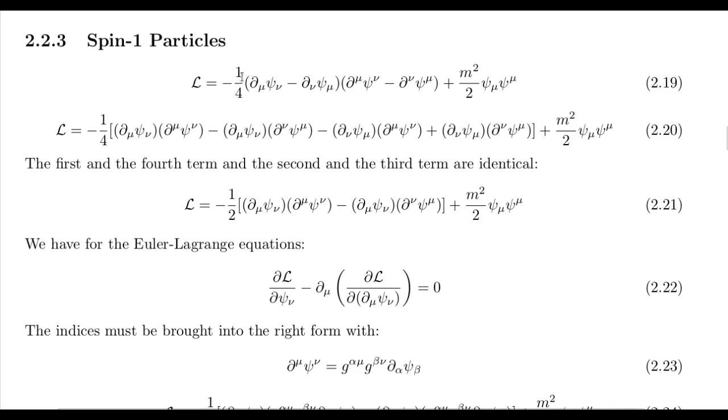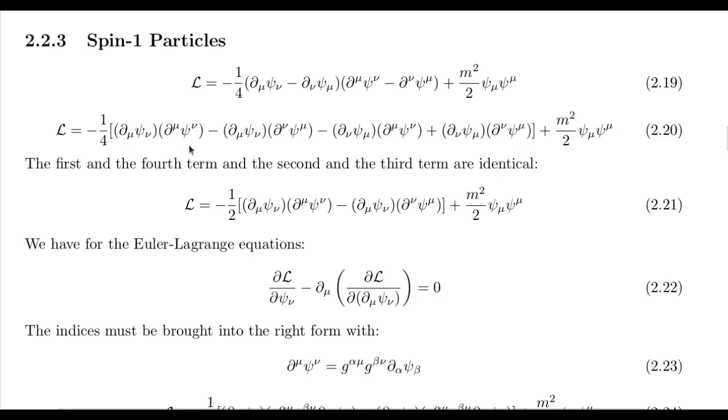We have here two parentheses which are multiplied with each other, and for spin 1 particles we have these characteristic expressions like derivative minus derivative, or here another kind of derivative minus derivative. So if we multiply the two parentheses, then we have 4 terms here in the brackets.